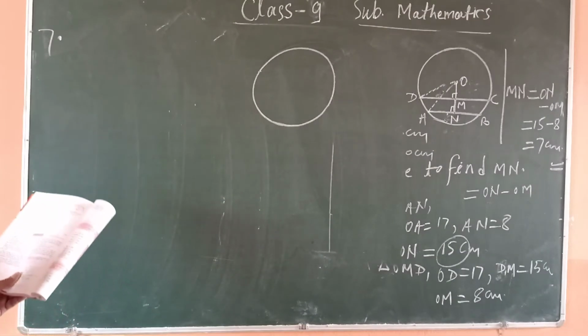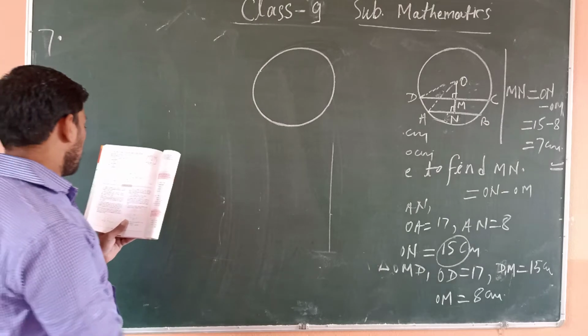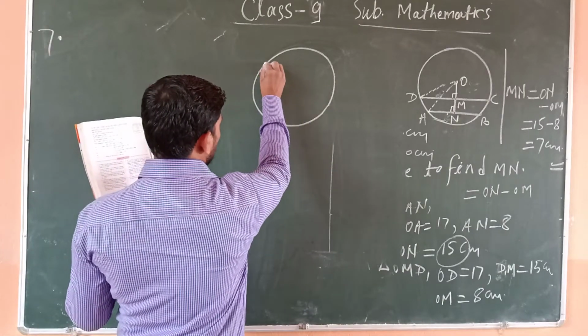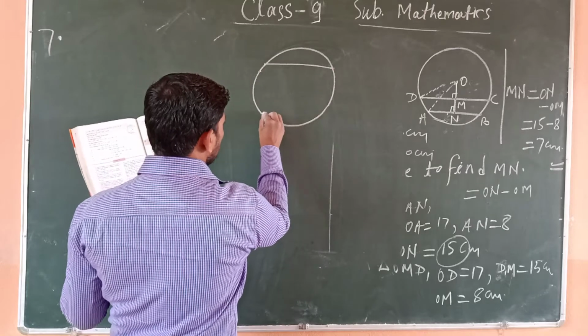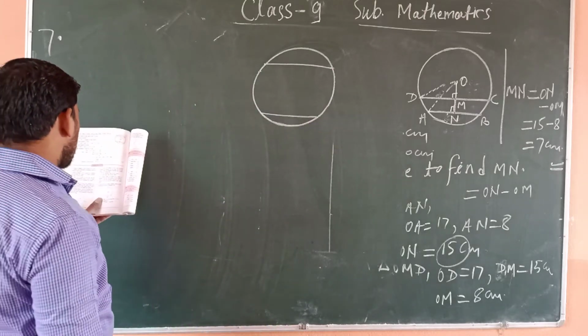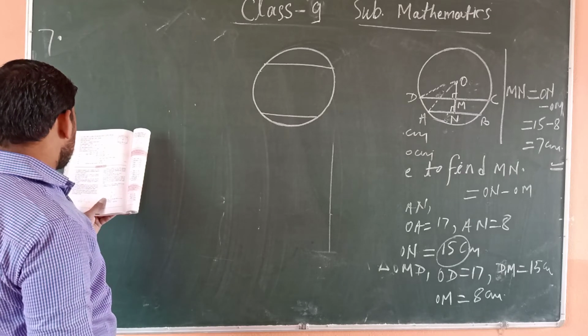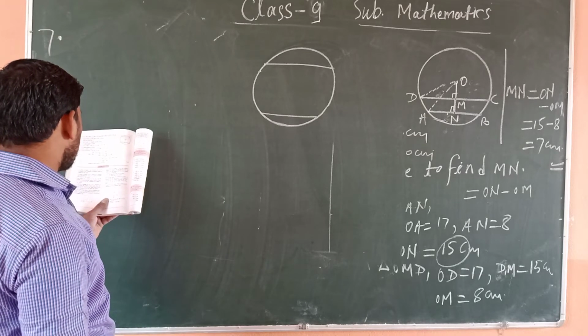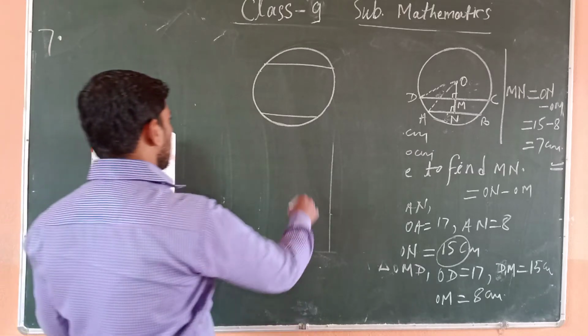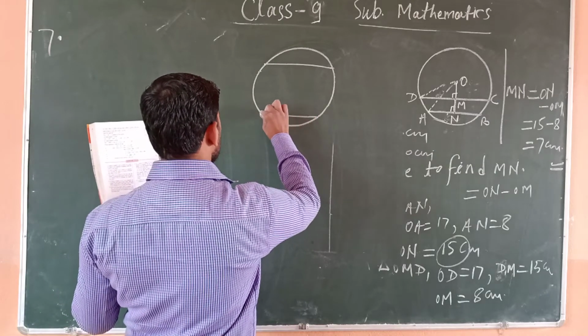Suppose that it is a circle, two parallel chords are drawn like this, in a circle of diameter 30 centimeter.